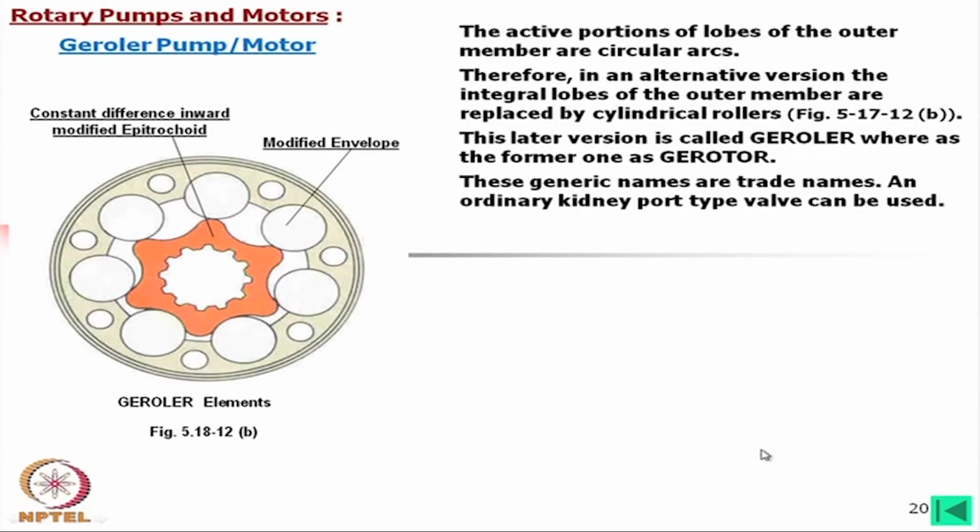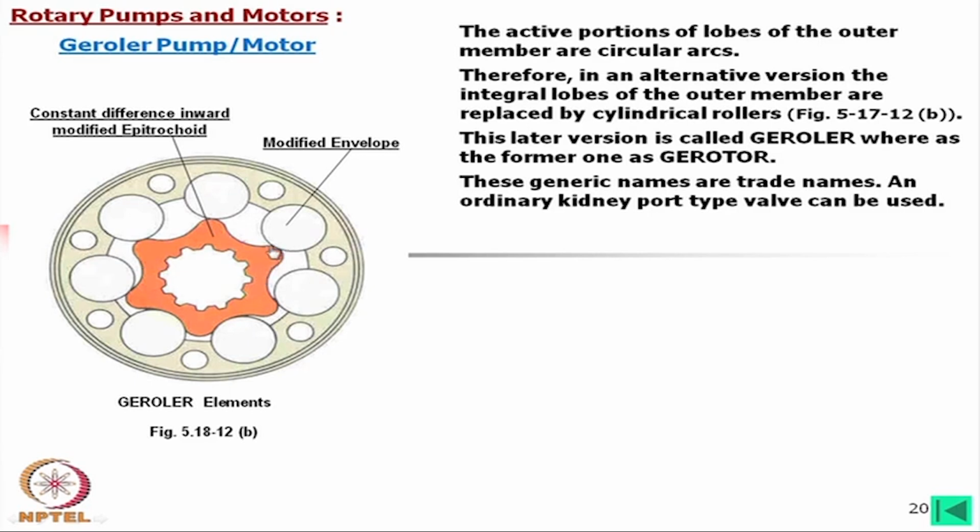Now, as this envelope is a circular arc, instead of an integral one we can use a separate roller for that. When we find this circular arc has a smaller radius, we can go for the roller also. The advantage of using these rollers is that the roller can be replaced easily. On the other hand, this has much poorer leakage characteristics.